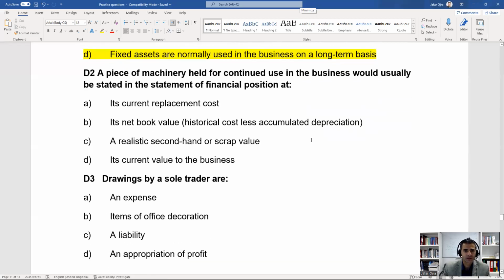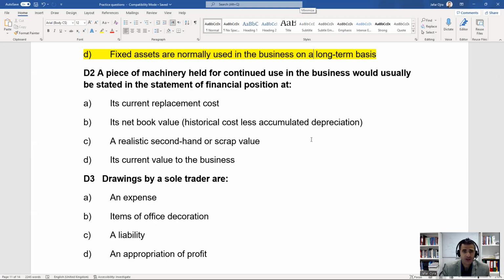Okay. Let's have a look at D2. A piece of machinery held for continuing use in the business would usually be stated in the statement of financial position. Again, at which value? And now we talk about the value after you take away the accumulated depreciation, if you remember. So it does need to reflect the fair value or the net book value.